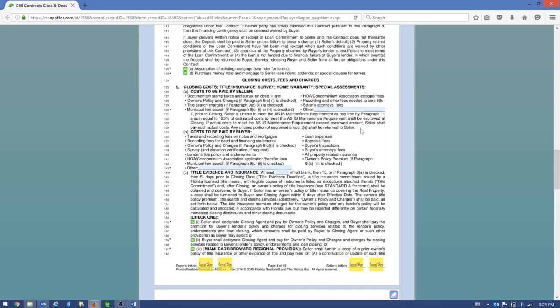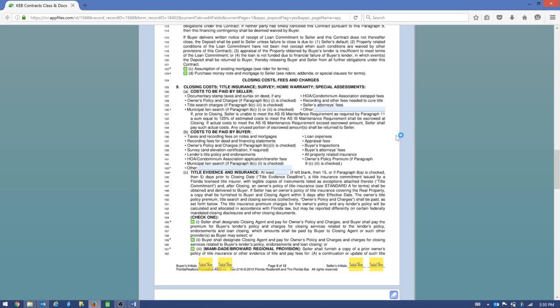So if it turns out it's actually $900 or $1,000 for that matter, they'll get their remaining balance back. Okay? That's an important change. This little section here is different and has different consequences than it does in the FAR/BAR 4, and when we do that class, I'll point that out to you when we get to that section.